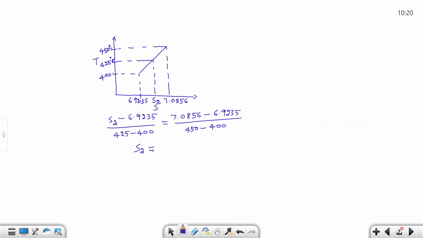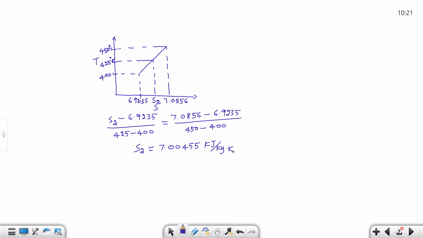So now you get the value of S2: 7.00455 kilojoule per kilogram Kelvin.